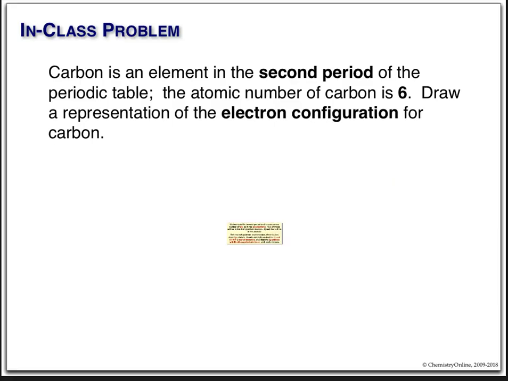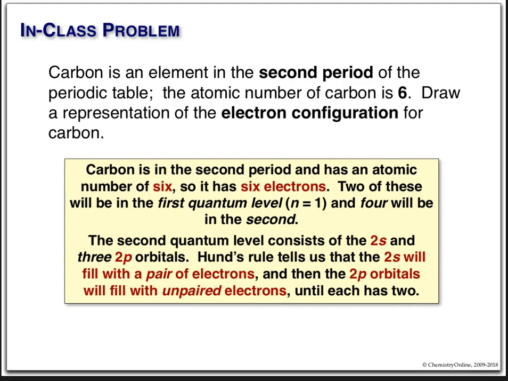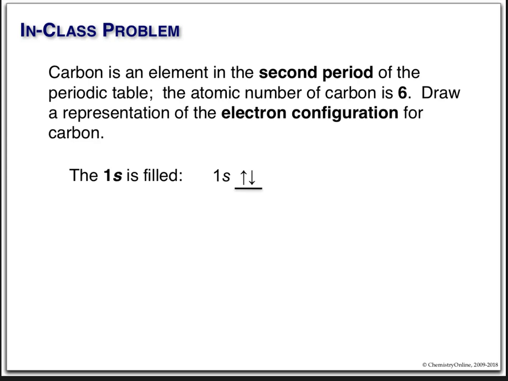So let's look at it. 6 electrons. The first quantum level is filled. The second will have 2 s electrons and 2 p's. There's our 1s. It's full. It's the core electrons. They just sit there. Our 2s is also full.